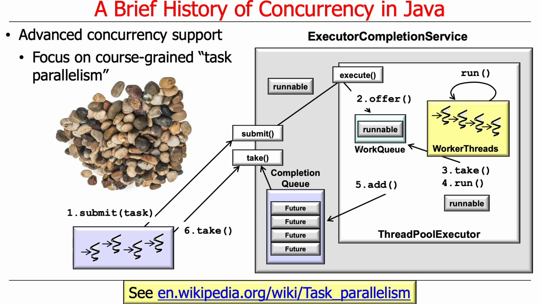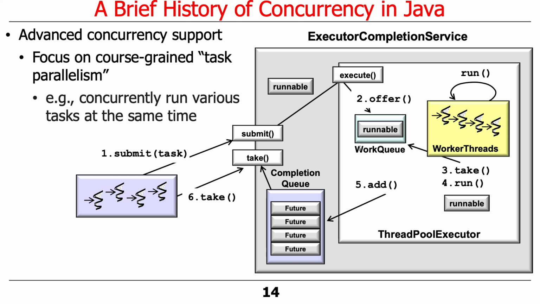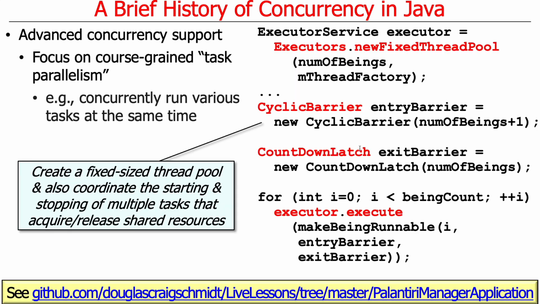So there weren't that many things you could really do, so you focused on coarse-grained processing with a relatively small number of tasks, and tasks were what ran concurrently. You would submit a task, and it would go into a queue, and then there'd be a pool of threads that would take things off the queue and do some processing and put the results back somewhere that they could be obtained by a client once the work was done. So this basically allowed tasks to run concurrently at the same time, taking advantage of the parallel computing resources in those days. Here's a very simple example.